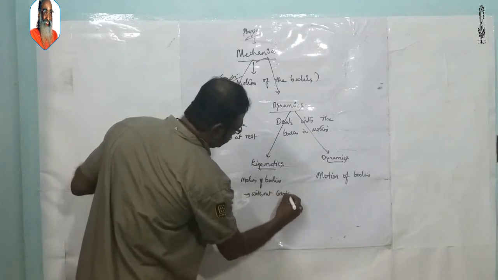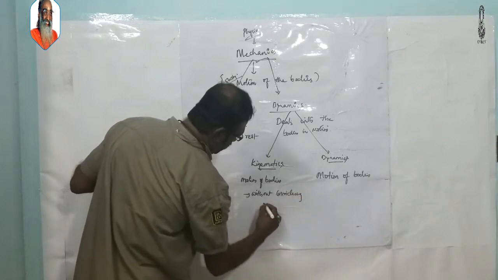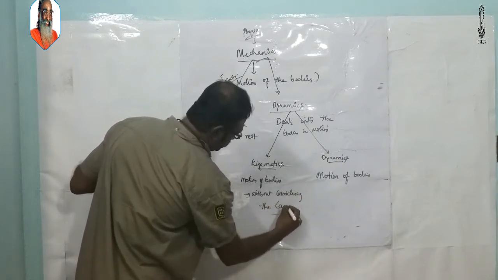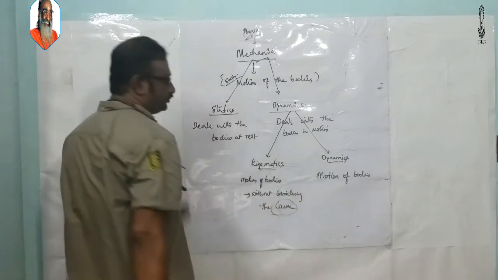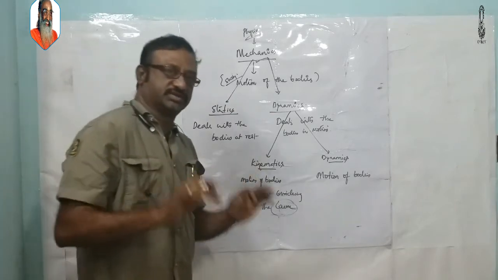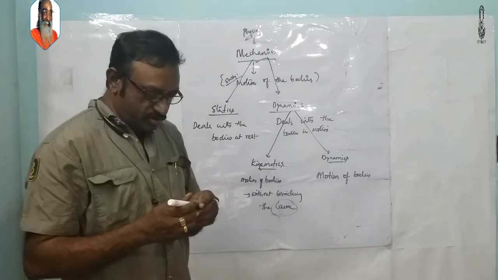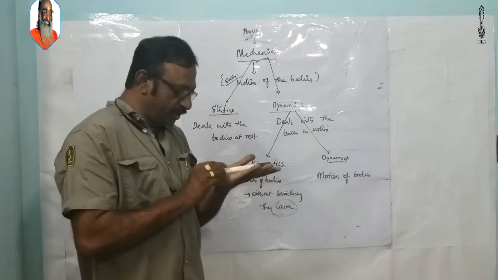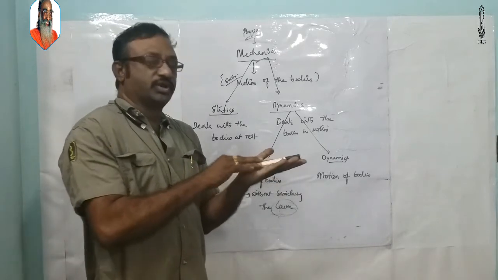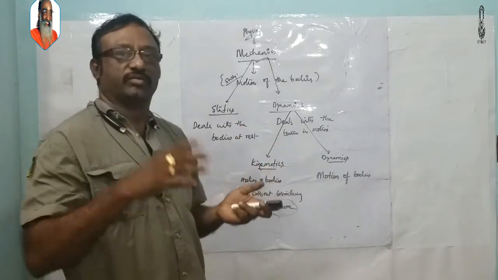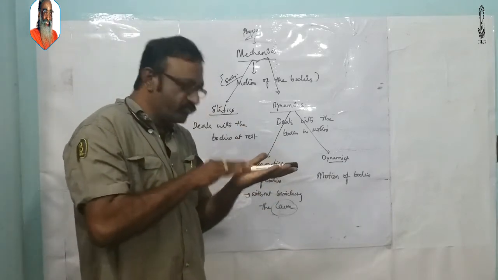considering the cause, the responsible thing, what is necessary for the motion, we don't consider that. For example, suppose a body is in motion, to keep the body in motion, what do we require? The force.